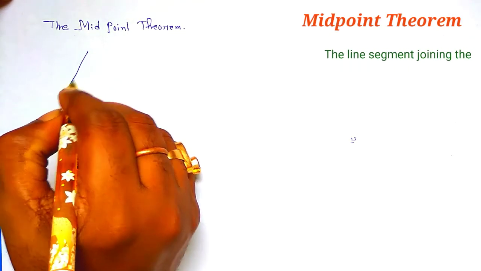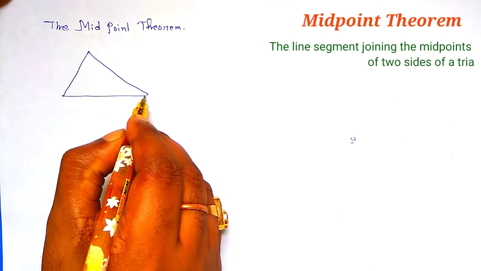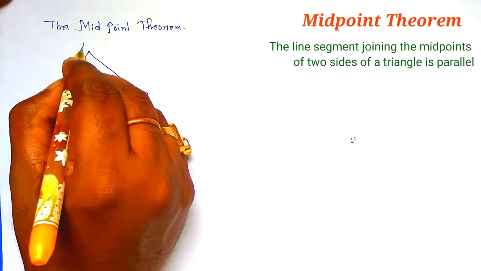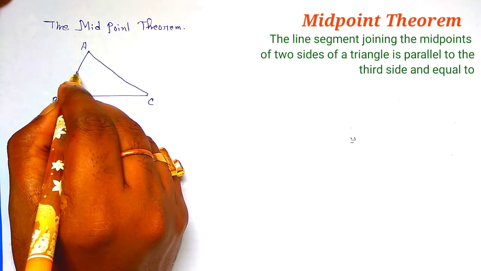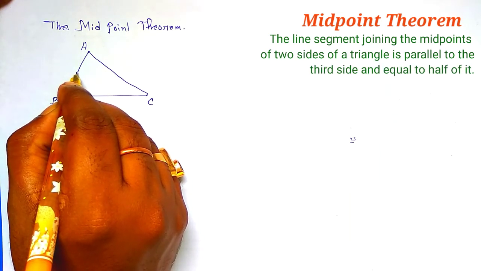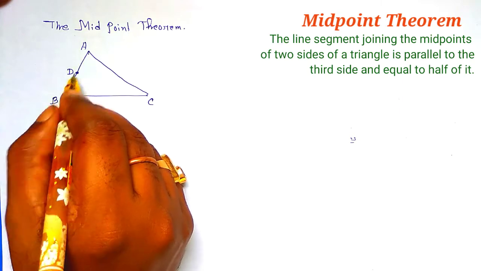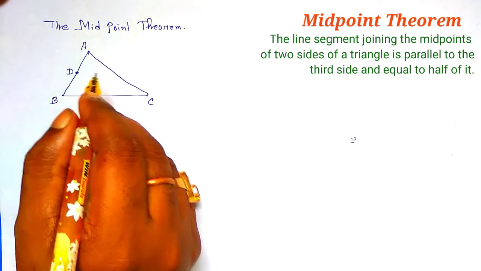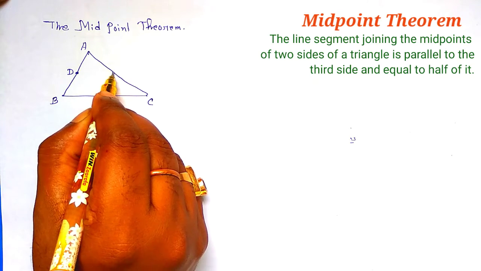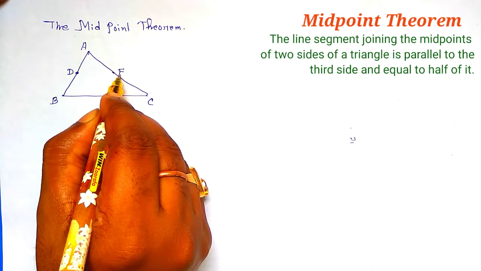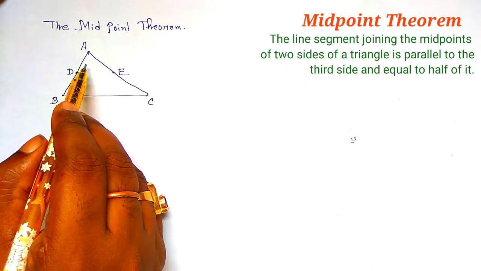See, I am drawing here one triangle ABC. Here D is the midpoint of AB and E is the midpoint of AC. I am repeating again, listen.